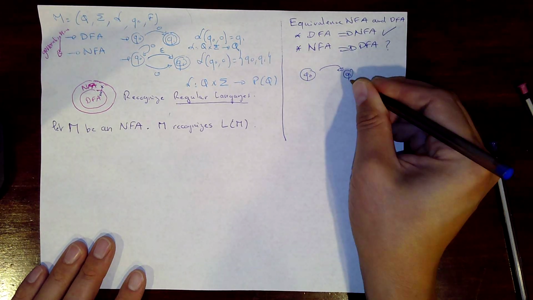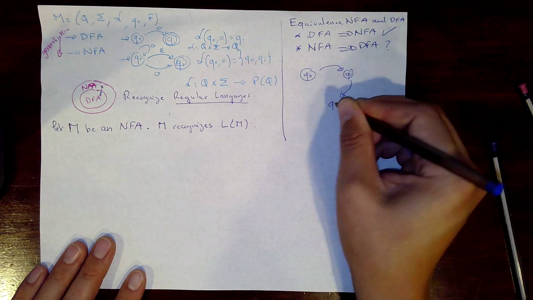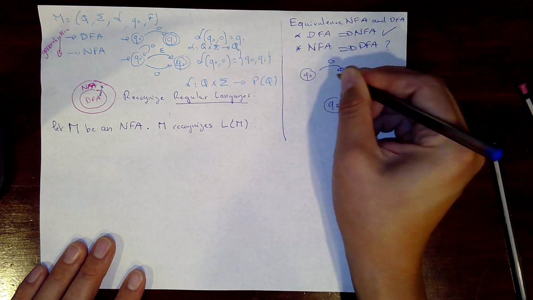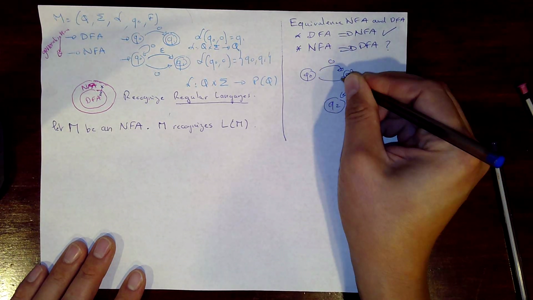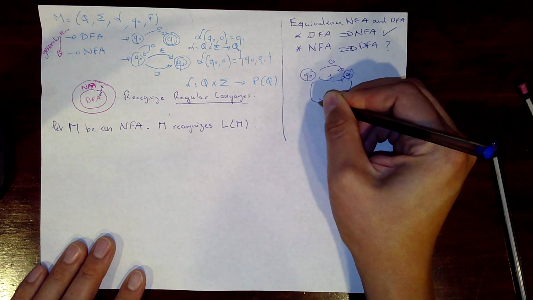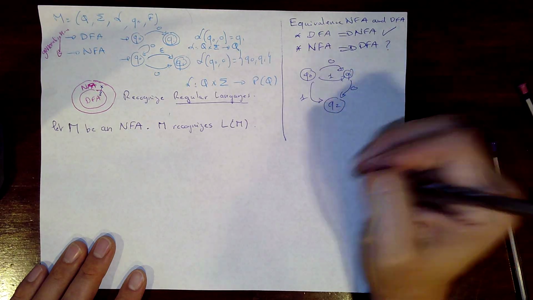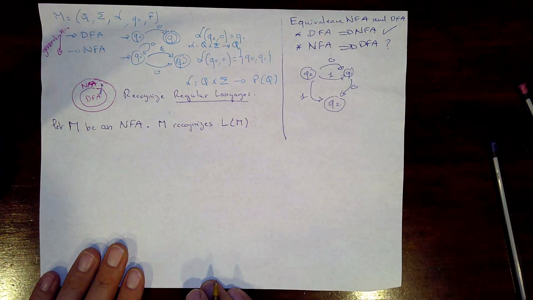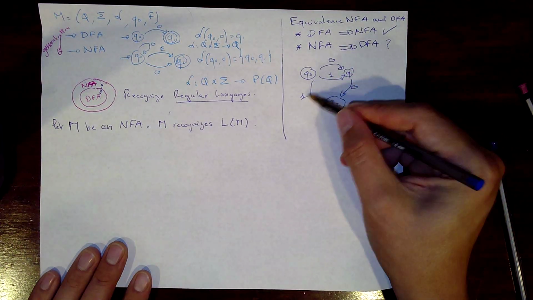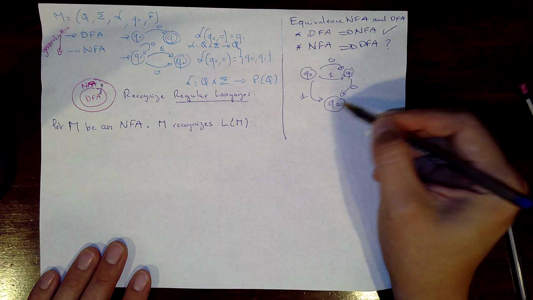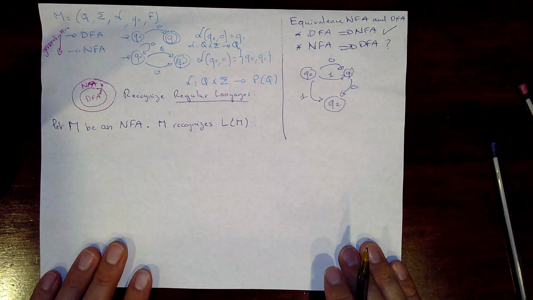So let's look through an example. Let's say 0, 1, 1, 0. Okay. So here we clearly have an NFA, because from 0 you can go to 2 different places with the input 1.